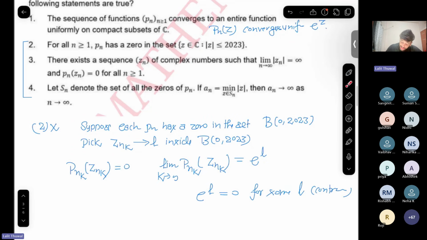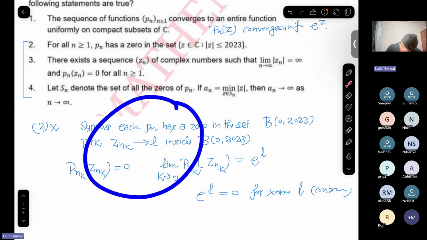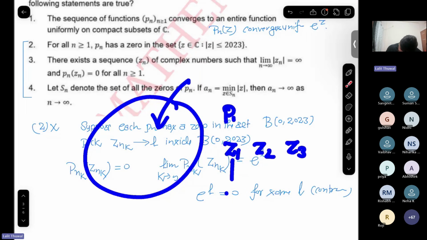Okay, so contradiction. It means this cannot be true. So what you have learned is that there cannot exist a sequence of zeros, where z1 is a zero of P1, z2 is a zero of P2, and zn is a zero of Pn, inside a compact set in C, not only in this disk.